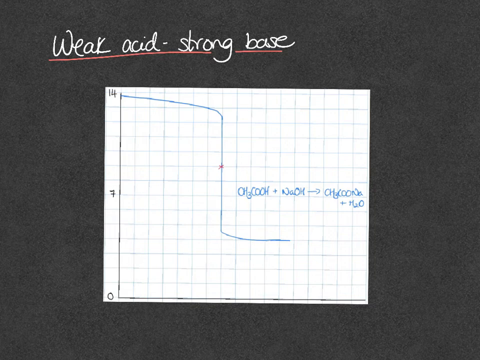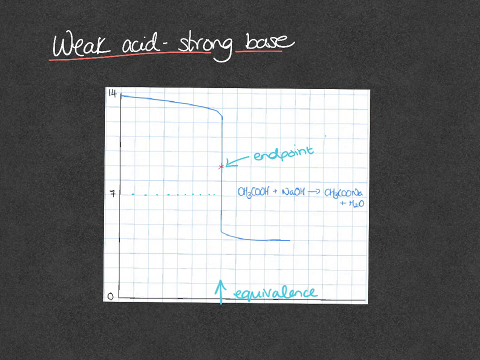So we're going to examine the long straight portion to get the equivalence value in centimetres cubed, and then about halfway up the long straight portion is where we would consider the end point to be. And you'll notice here that it's above 7, okay?